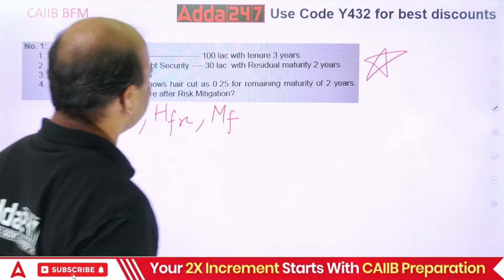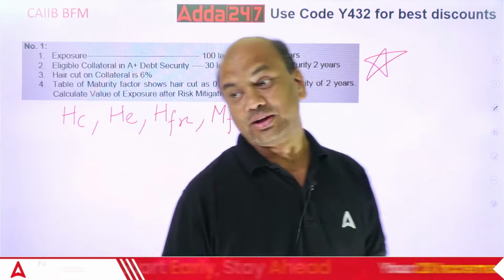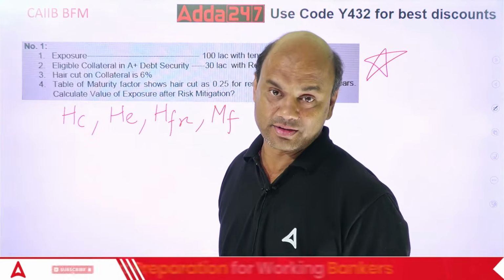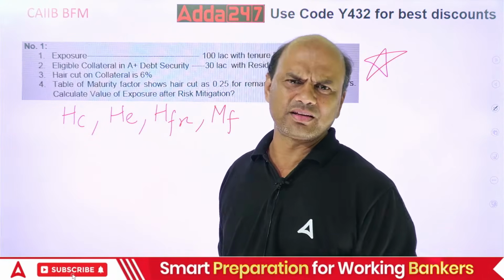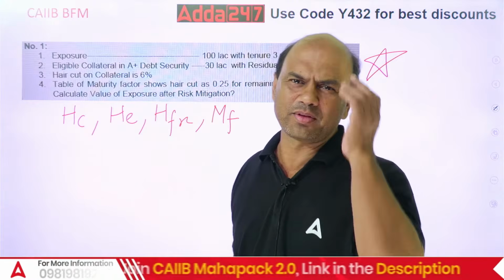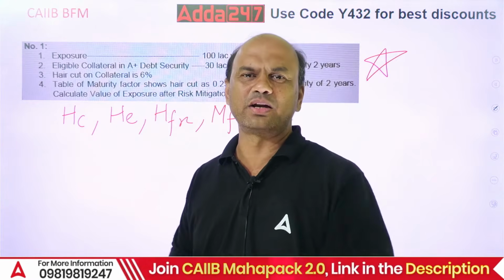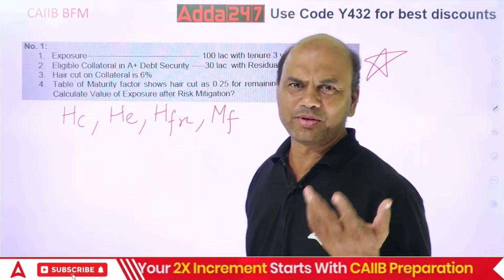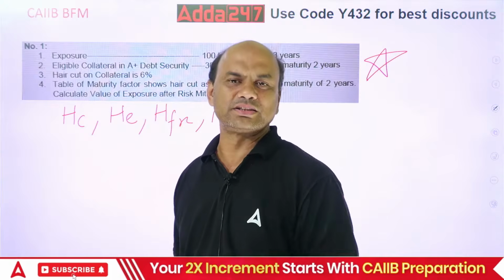Okay, jokes apart. See, one should always be happy, or one should always be satisfied. Many people I have seen that they are unsatisfied. I don't have hair, I don't have this, I don't have that, I am not fair. See, we must always think of positive sense.